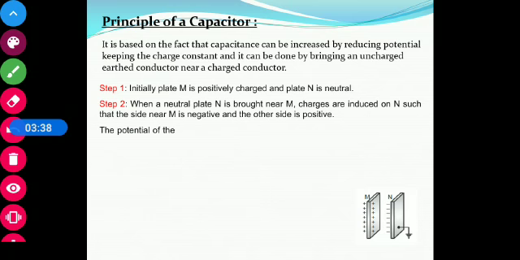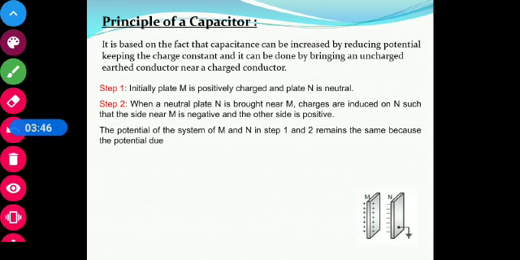The potential of the system of M and N in step 1 and step 2 remains the same because the potential due to the positive and negative charges on N cancels out each other.